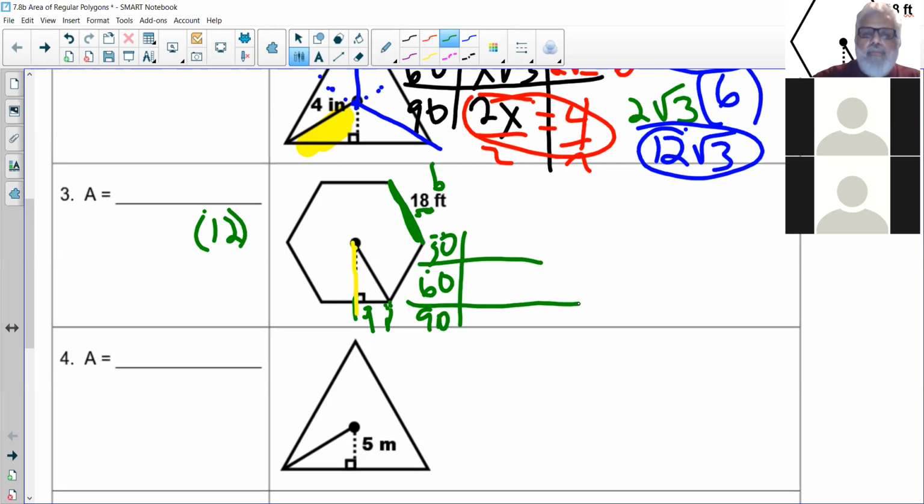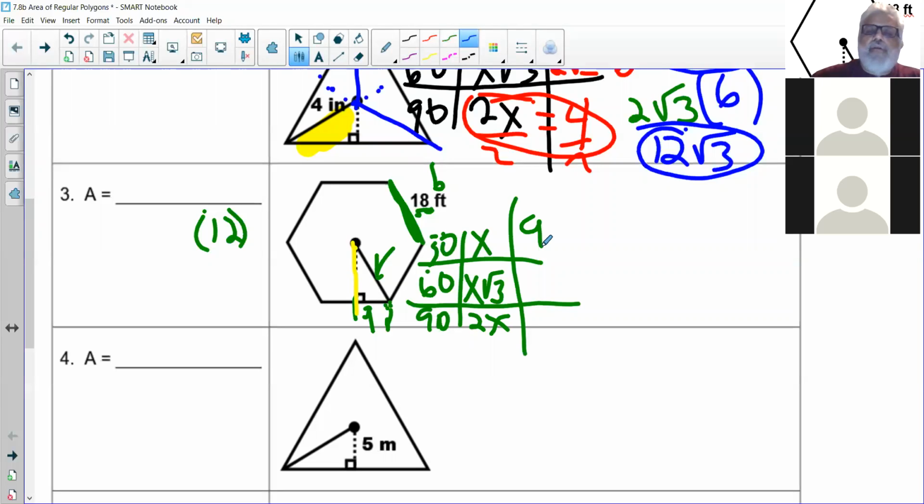Okay, so now I'm gonna put my X. Does 9 go on the 90? Not on this one. No, because see, this side right here, that's the 90 side. Oh, wait, it goes at the top. Yep.